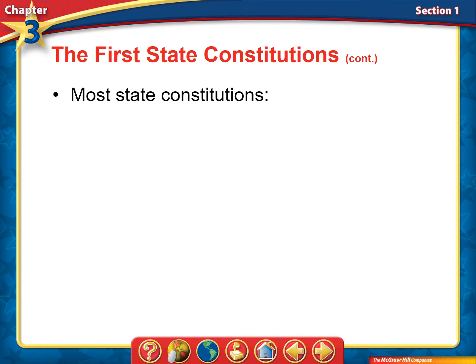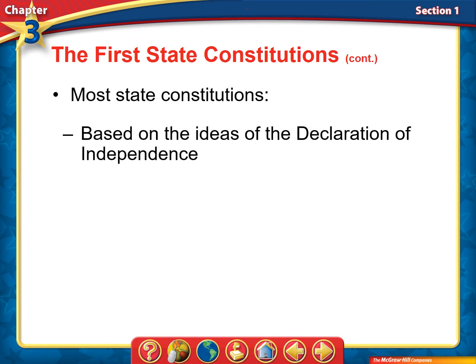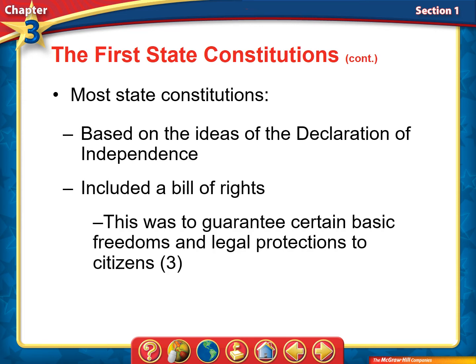Now, most of these state constitutions are based around the ideas of the Declaration of Independence: the equality of all, and the idea that a government should not be able to tax its people without providing those people a say in the government. All of the state constitutions, just like the United States one, included a Bill of Rights.